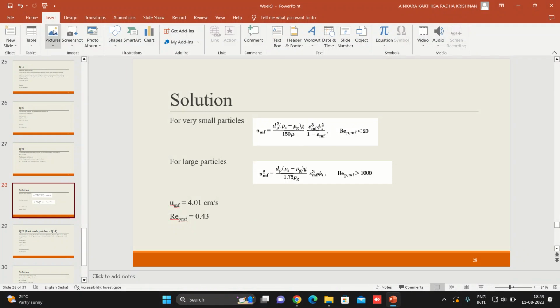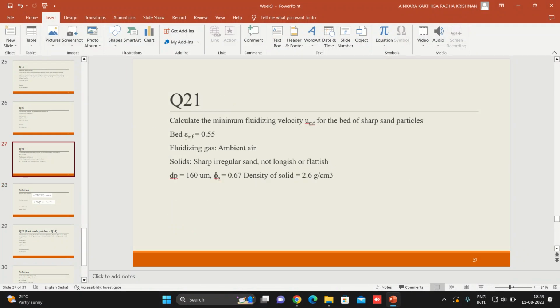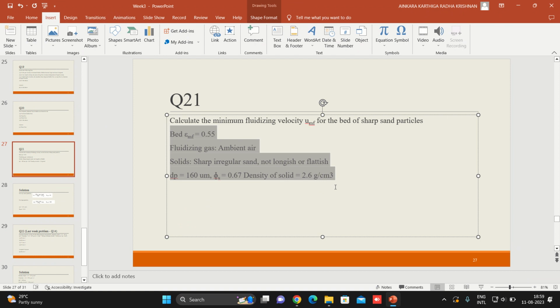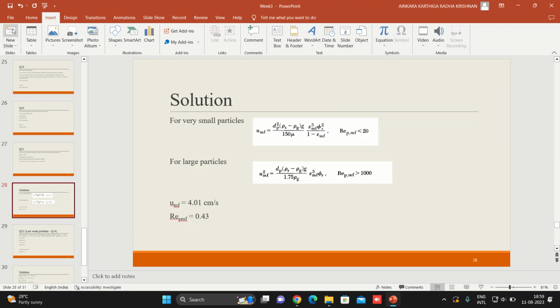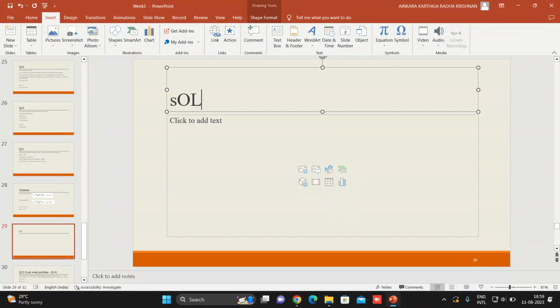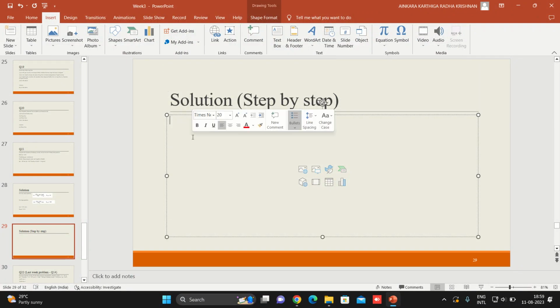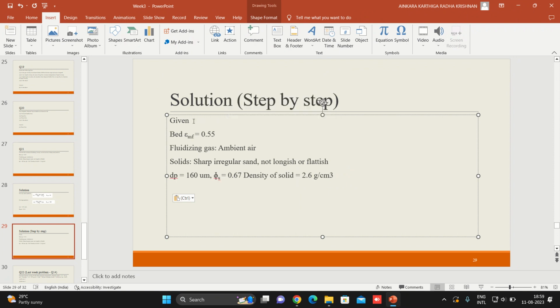So now the problem we'll solve. What does fluidizing gas at ambient temperature mean?